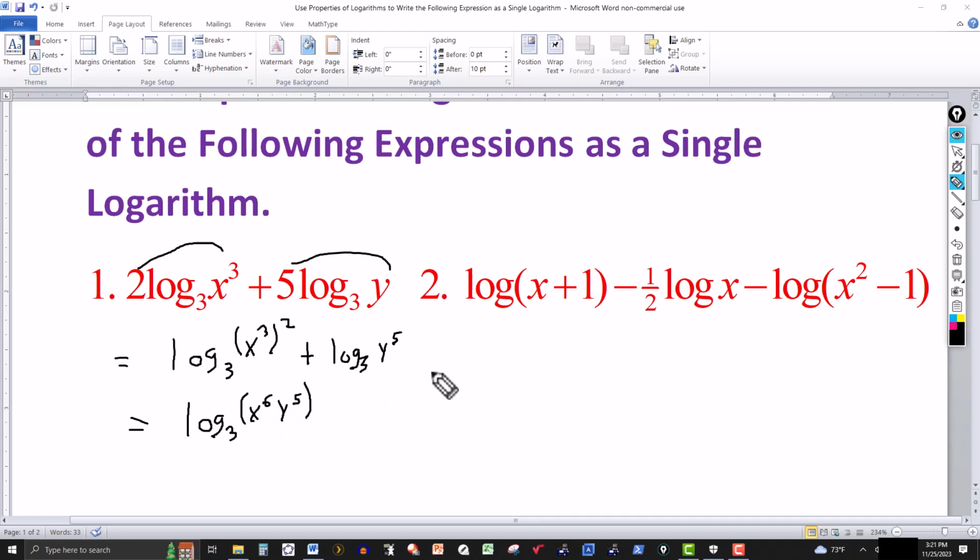Okay, and the next one, we've got the log of x plus 1 minus 1/2 log of x minus the log of x squared minus 1. Notice I don't have a base on this one, but this is understood to be base 10. If you don't have a base there, that's always base 10. So what's going to happen here is this 1/2 is going to come over here.